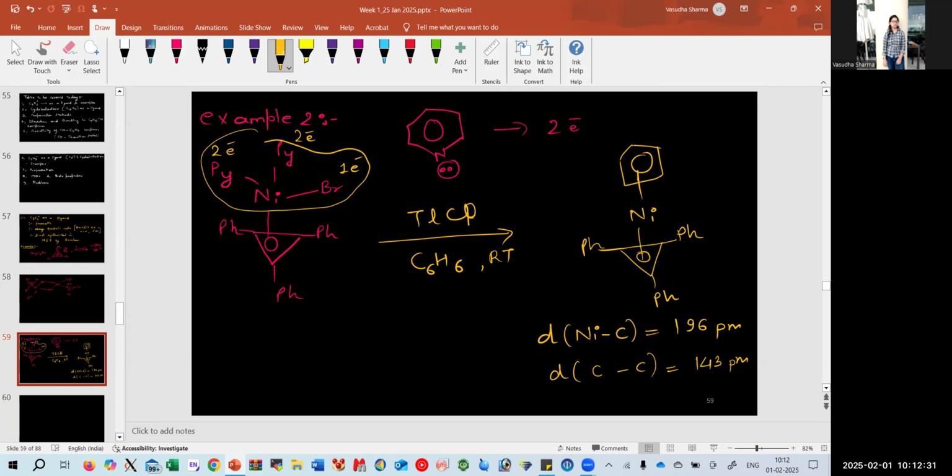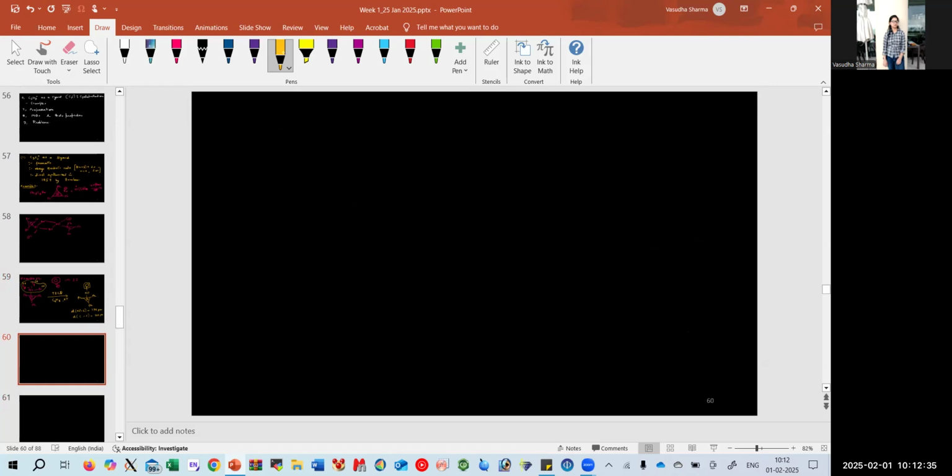Now moving ahead, this was it for the C3R3 positive systems. Now the second topic is C4H4, cyclobutadiene as a ligand. Firstly, we'll see the preparation.